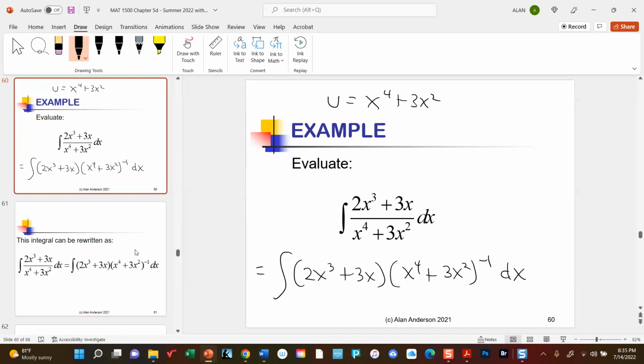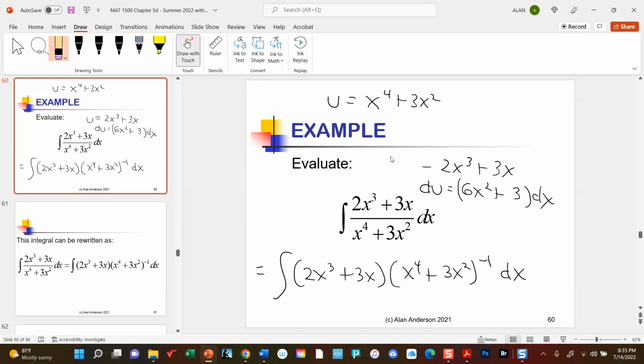If you try to go the other direction, if you tried u equals 2x cubed plus 3x, the problem with that is there's no way to find 6x squared plus 3 in this expression. So you're probably better off choosing, when you're not sure, pick the u that has the highest exponent and see if that works.